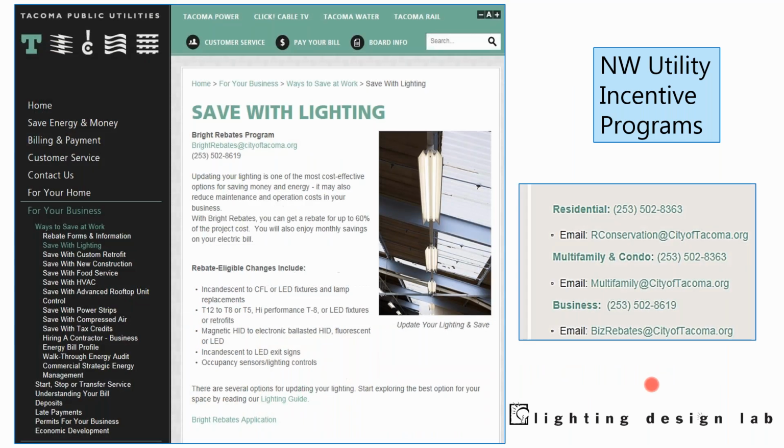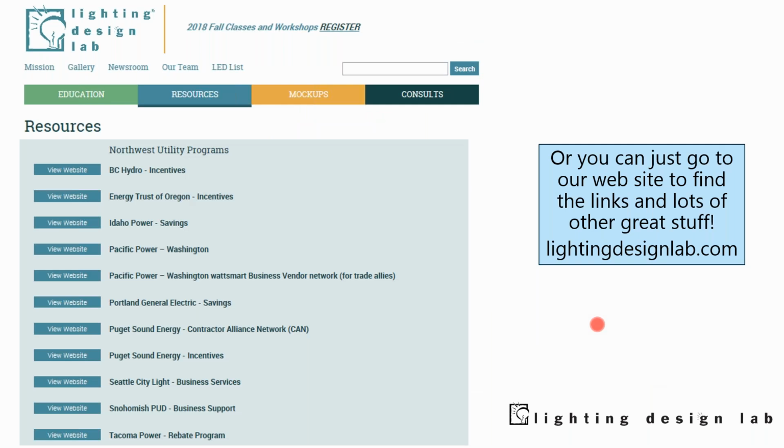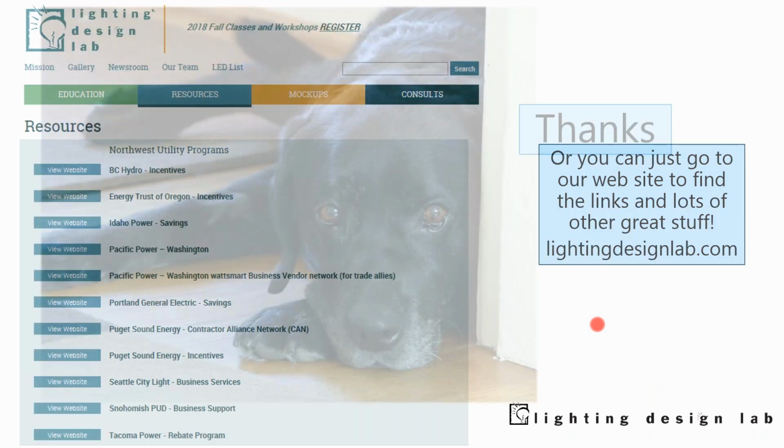And then last but not least, Tacoma Power, Tacoma Public Utilities, and there's their various phone numbers depending on the nature of the project. Or you can go to our website, especially if you're in Idaho or somewhere else in the Northwest, BC Hydro. You can click on these, and it'll take you to those utility homepages.